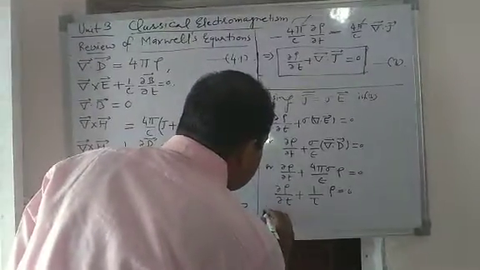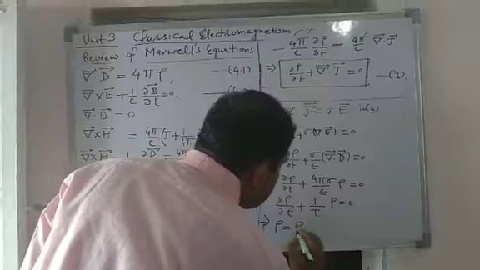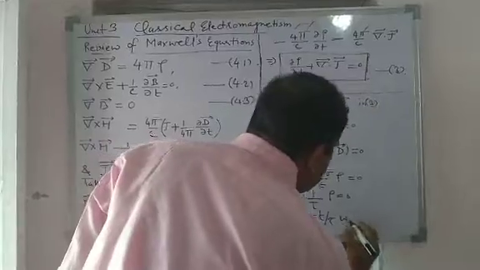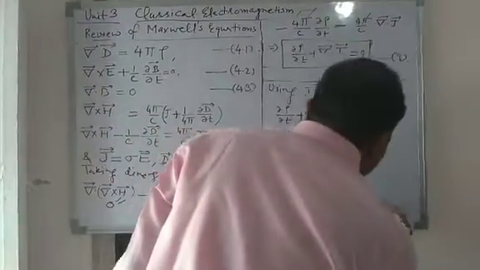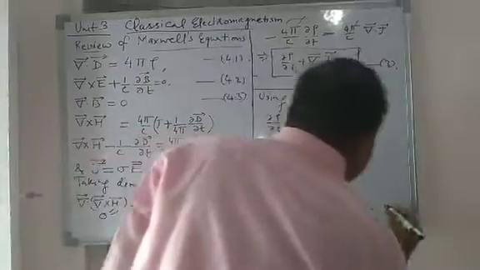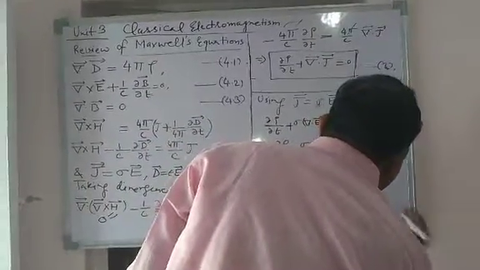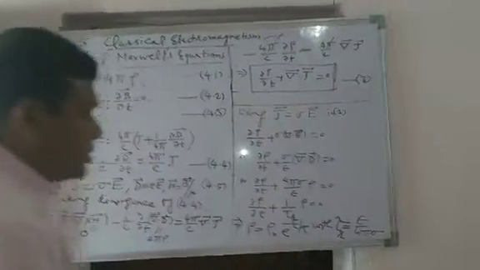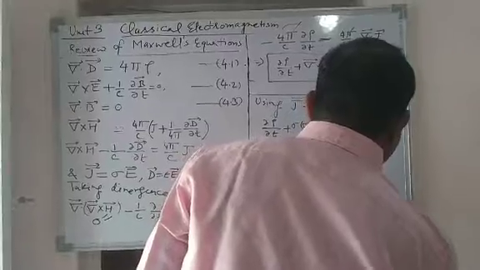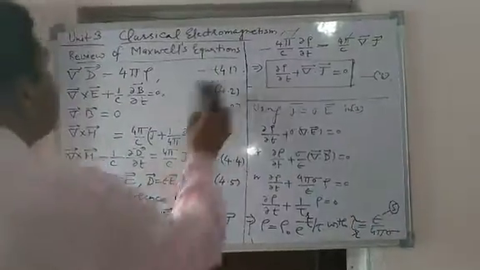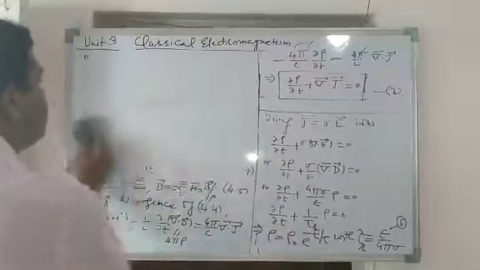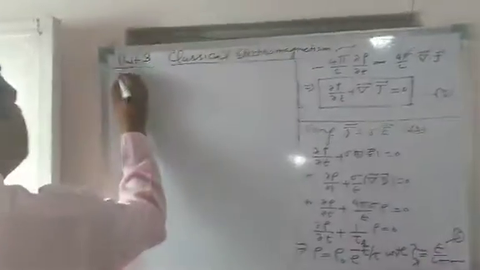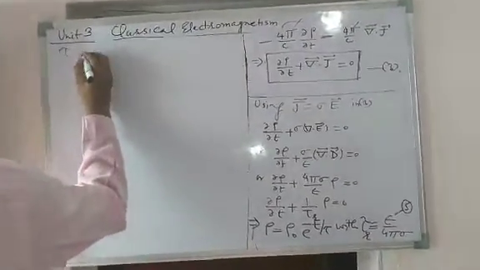So the solution is going to be e to the power minus t by tau, where tau is defined as epsilon by 4 pi sigma. This is called tau, or the relaxation time. This is equation number 5. So tau is known as the relaxation time.